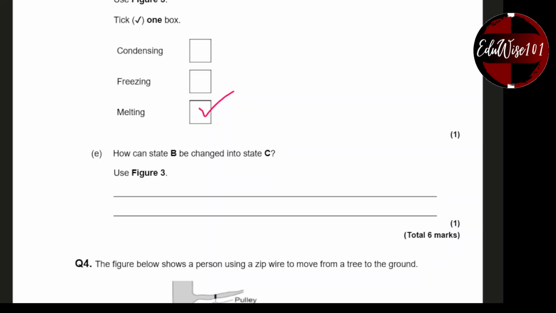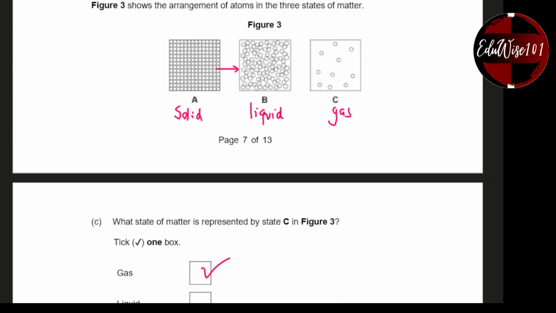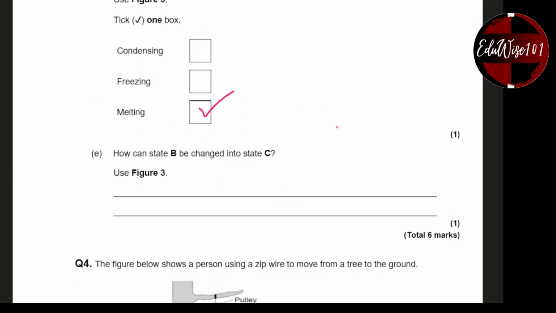So how can you change a liquid into a gas? You would change a liquid into a gas by heating, or you could say boiling a liquid, or even evaporating.